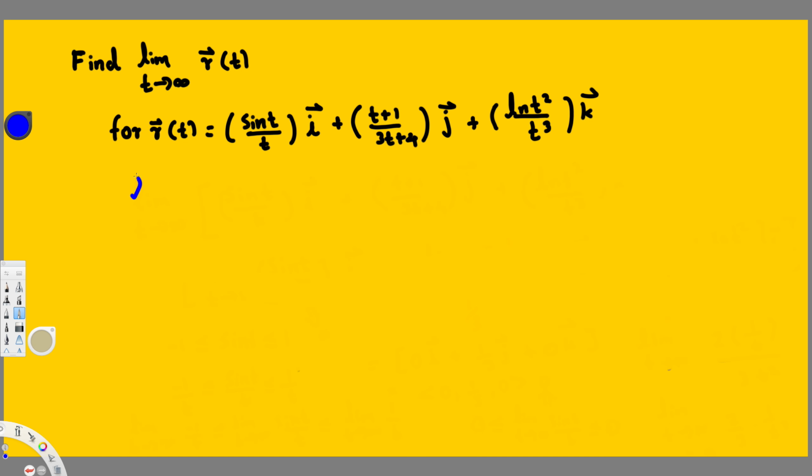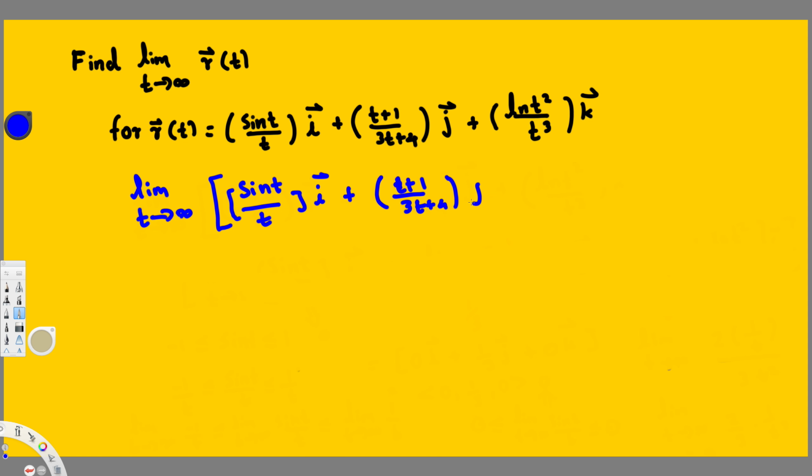Like we take the limit as t approaches infinity of sine t over t in the i direction, right? And the next one is going to be t plus 1 over 3t plus 4 in the j direction, and this one we can rewrite as 2 ln t, right?